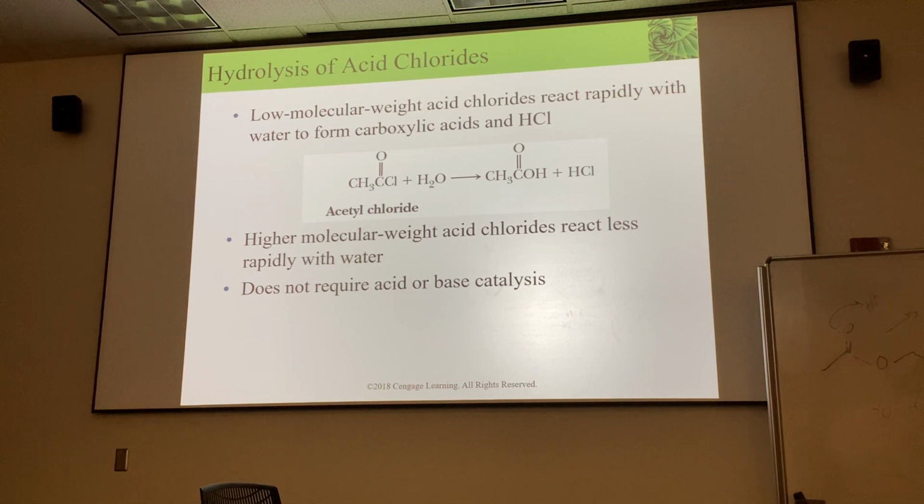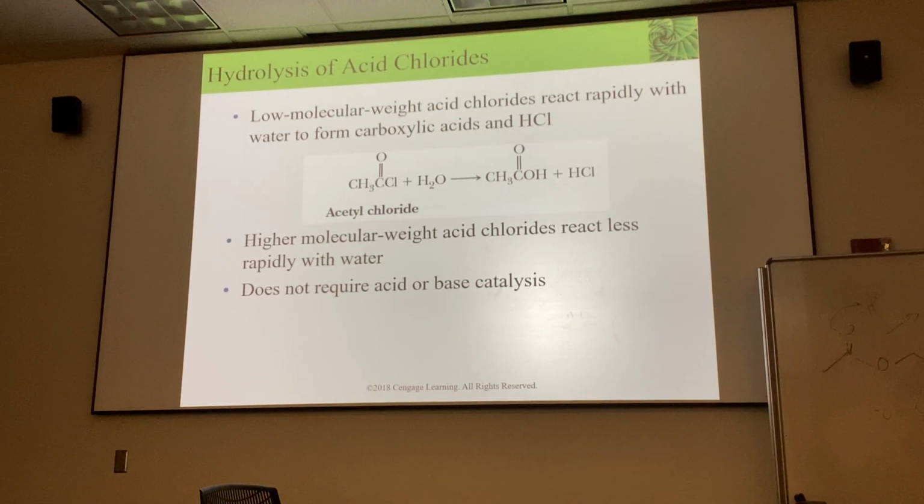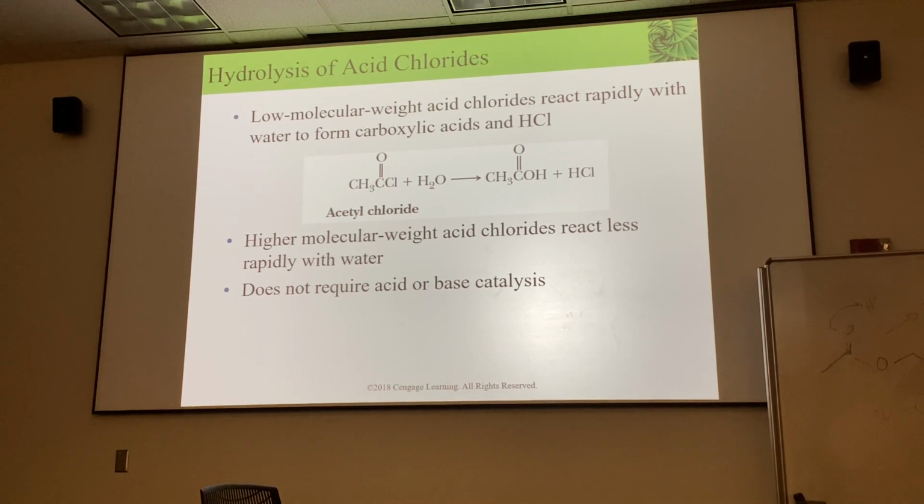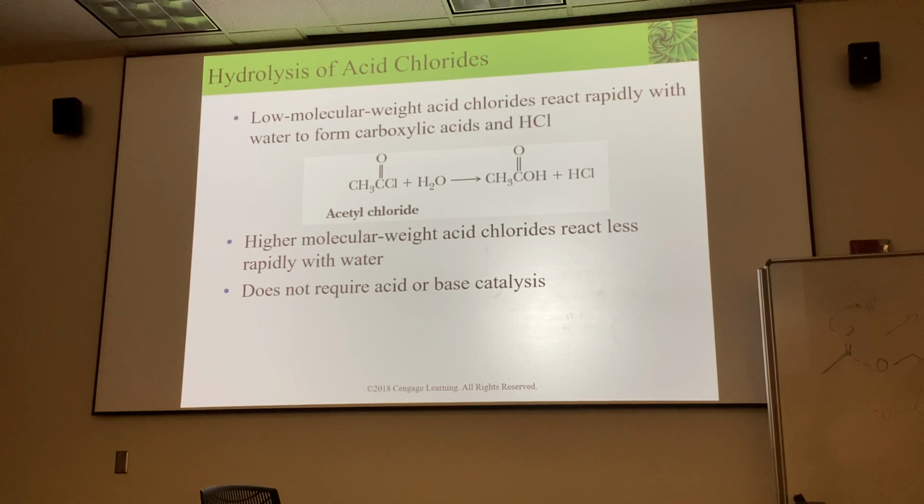High molecular weight acid chlorides are going to react less rapidly with water, so if you've got a whole lot of carbons on there, you might have a little bit of time before the humidity just kills it, and you can do some more chemistry with that.